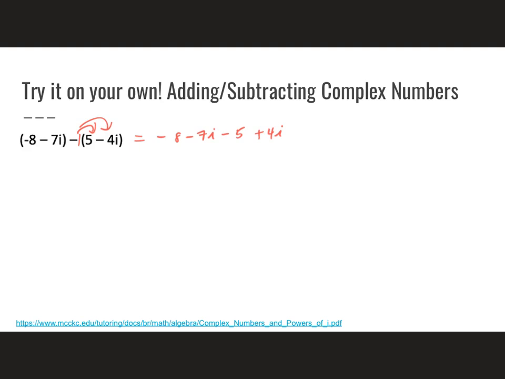And so my like terms are going to be negative 8 and minus 5. Negative 8 minus 5 gives me negative 13. And then negative 7i plus 4i are my other set of like terms. Right? So negative 7 plus 4 gives me negative 3i. And so my complex expression is negative 13 minus 3i.